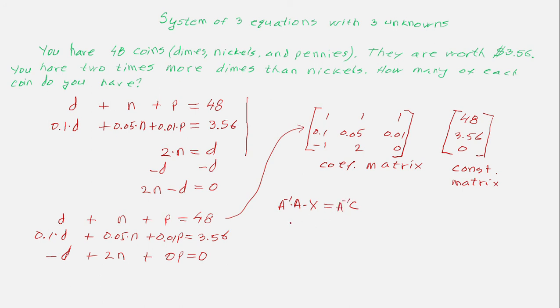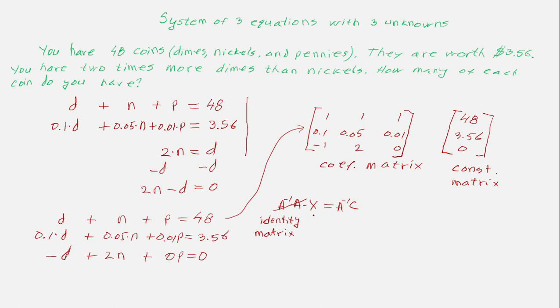Now if we do that, then these two matrices will make the so-called identity matrix, which is kind of the equivalent of 1 in multiplication. You know, if you multiply something by 1, nothing changes. You still have that something. So that's what the identity matrix does in the world of matrices.